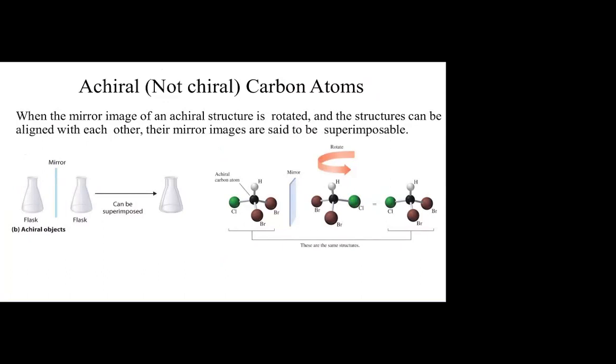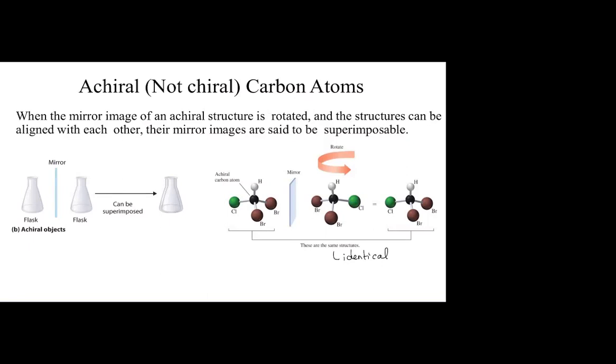That means that they line up. And because they can be superimposed, they are what we call the same structure or identical molecules. So if you start with a molecule that is not chiral and you look at its mirror image, because both images can overlay on each other, meaning superimpose, we're just talking about identical molecules.